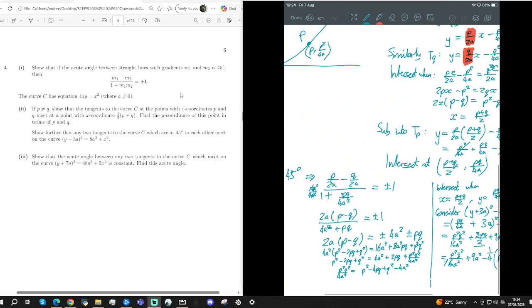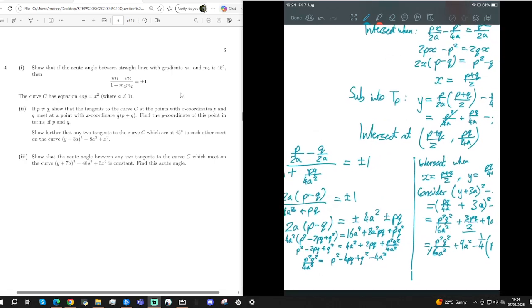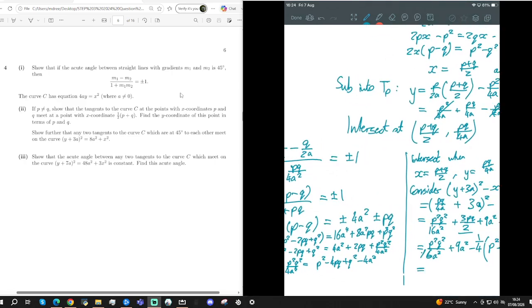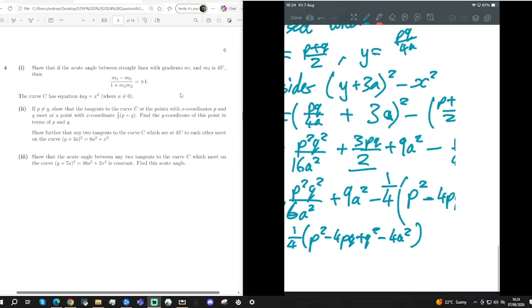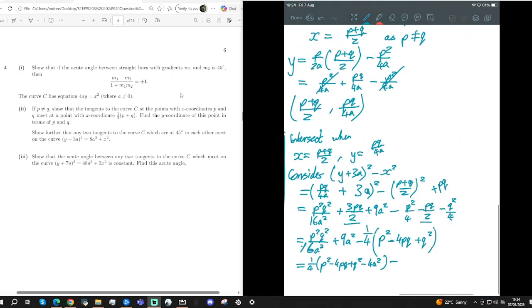And if you are playing along at home, you may have spotted exactly how this is going to be useful. So this is now going to be equal to a quarter of the expression on the side, minus 4a squared. Because it was over 16, then we only had it over 4. Plus the 9a squared minus the quarter.